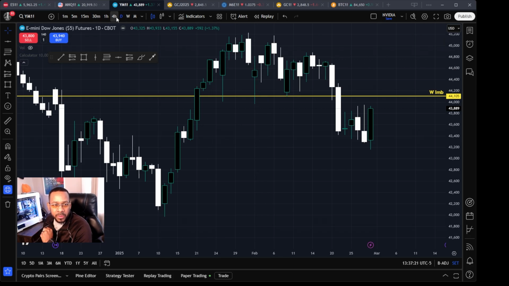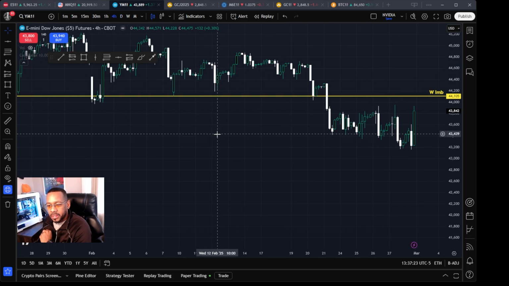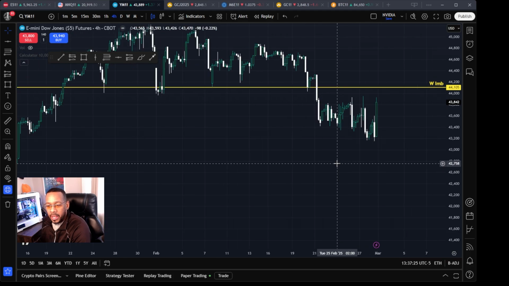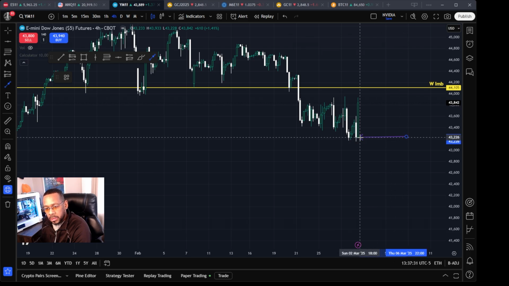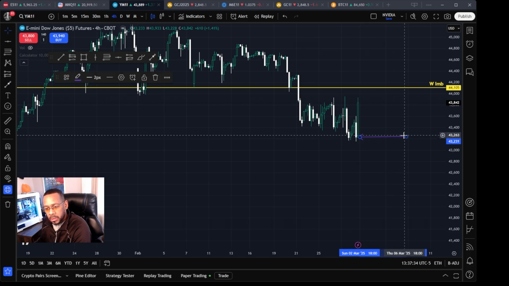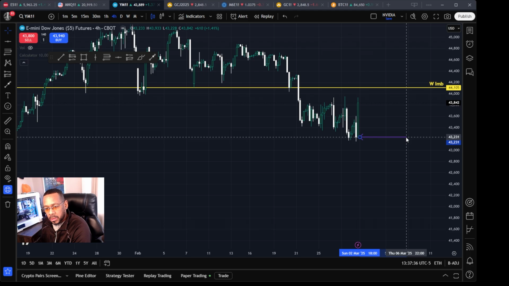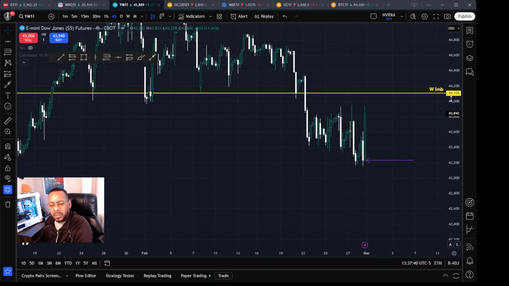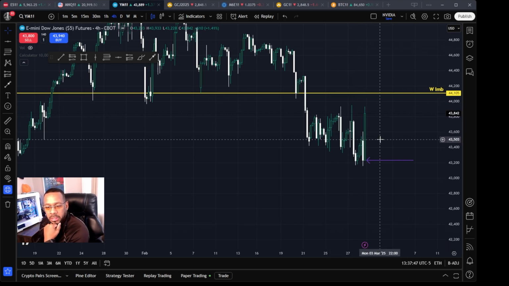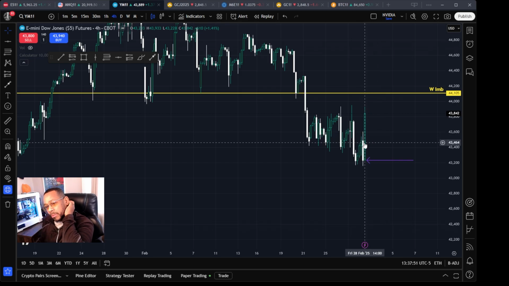Let's look at the 4 hours, see what we had for support on that. Look at that. Everybody in the week with an equal low. So we've got an equal low here on the Dow. Nice bullish 4-hour candle above here.